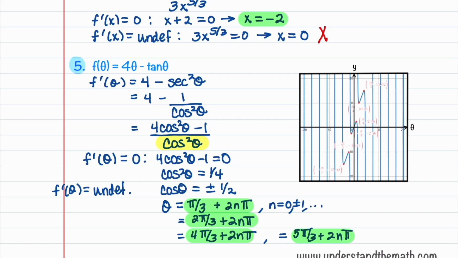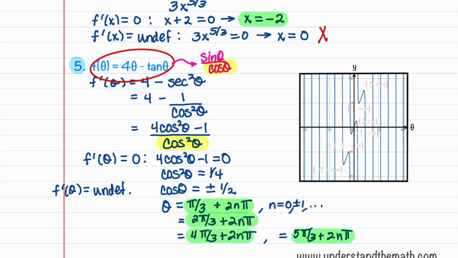But before we go ahead and compute all those points, let's go back up and look at our original function. Tangent theta is sine theta divided by cosine theta. So at points where our derivative is undefined, our function is also going to be undefined because it also has a cosine theta in the denominator.